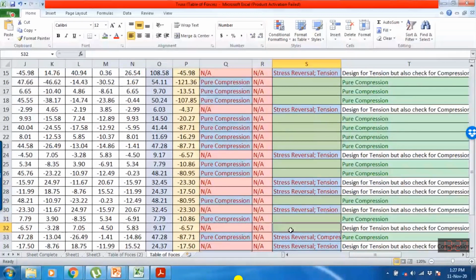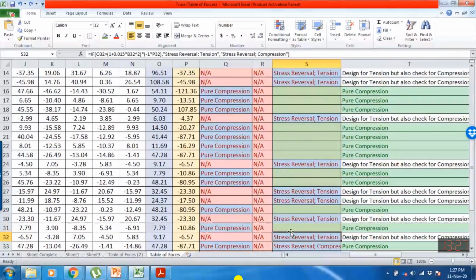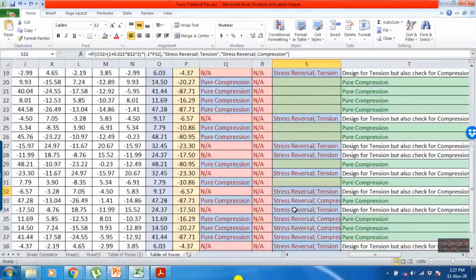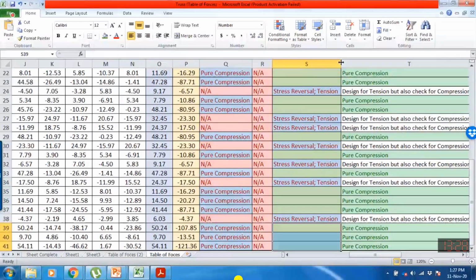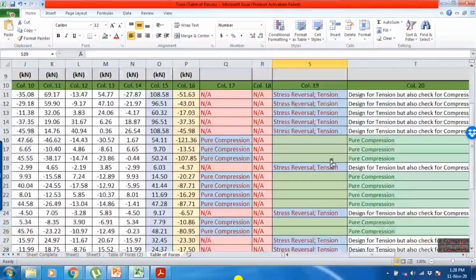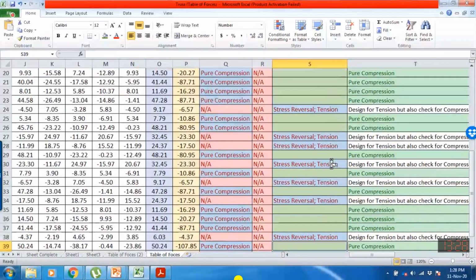So here, maybe you might have some different cases. Out of these cases, in the remarks, you have to write down the remarks.